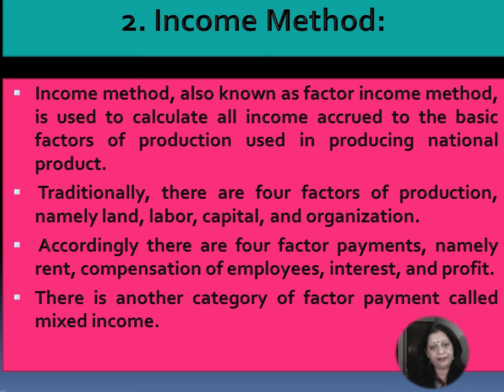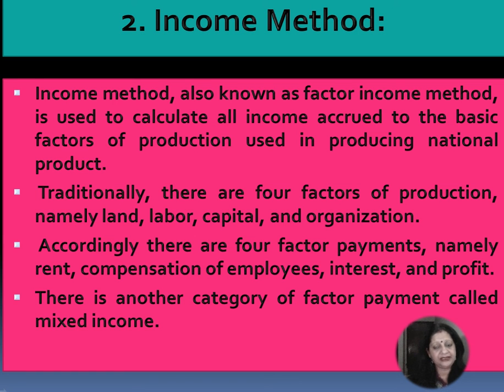Second is the income method. The income method, also known as the factor income method, is used to calculate all income accruing to the basic factors of production used in producing the national product. Traditionally, there are four factors of production: land, labor, capital, and organization.